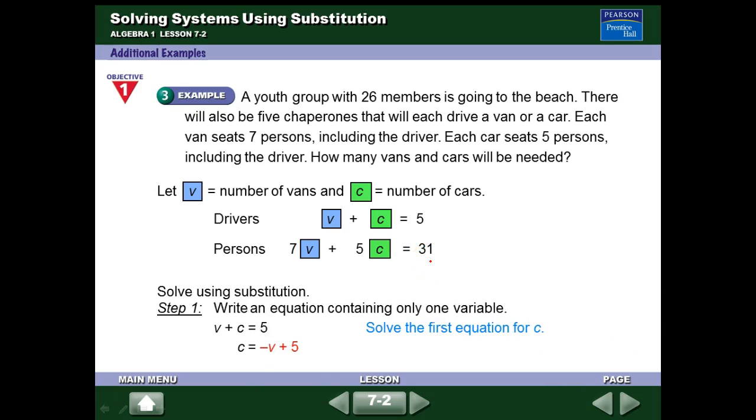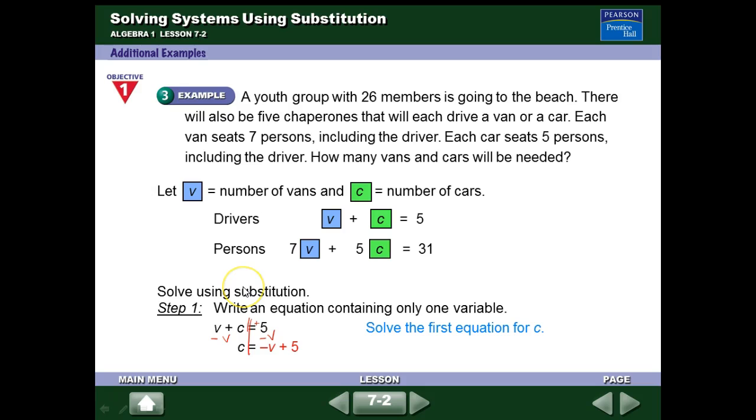So first thing is we need to substitute. Once again, we don't have a direct y equals or v equals, so we need to create it. So this front one does not have any coefficients, so it's easier to solve. So we're going to subtract v from both sides, and we're going to get c equals negative v plus your 5.